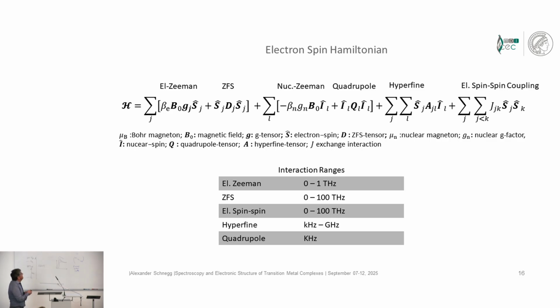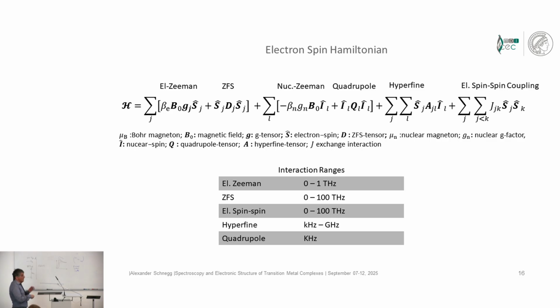The nuclear-Zeeman interaction, I think, was not much introduced today, because in many magnetic spectroscopies it's only a minor contribution, but it may be important in double resonance experiments. The quadrupole interaction is the equivalent to the zero field splitting for nuclear spins, again with a nuclear spin larger than 1/2.